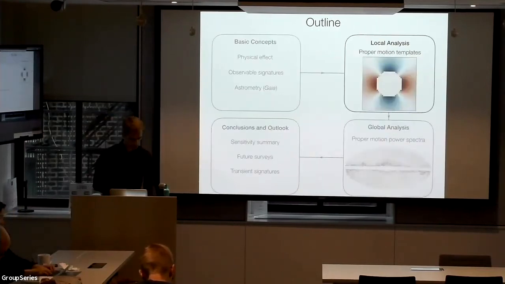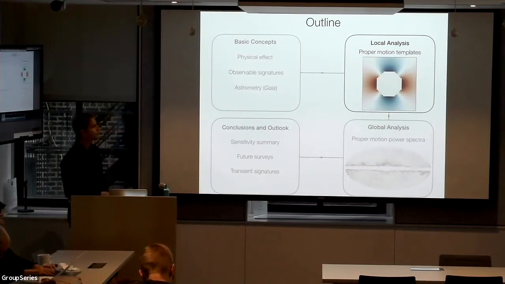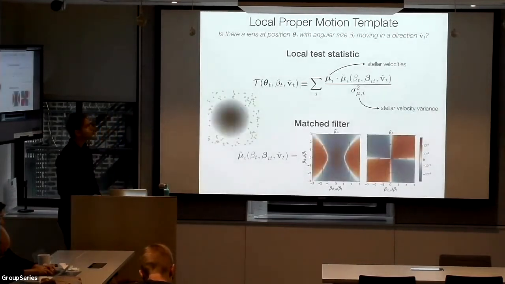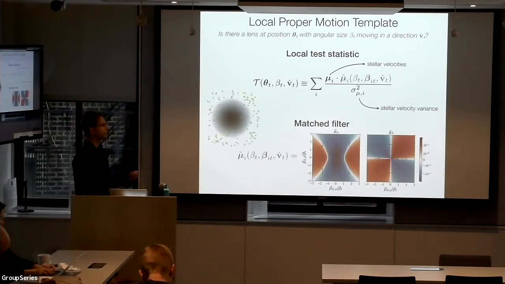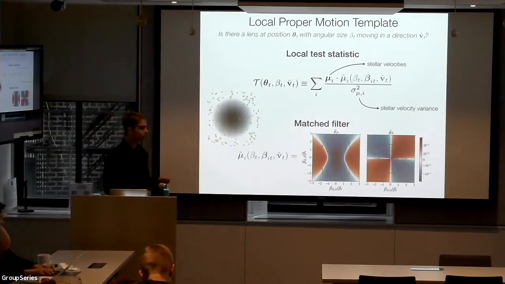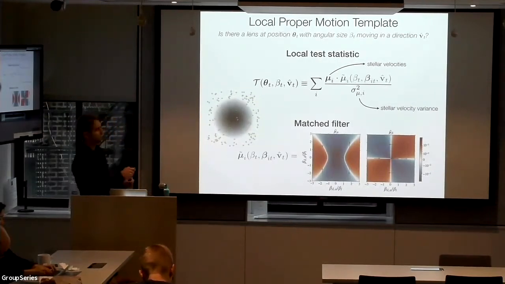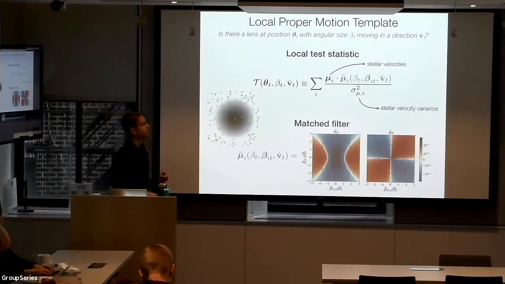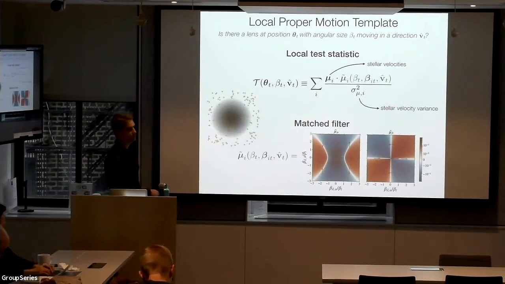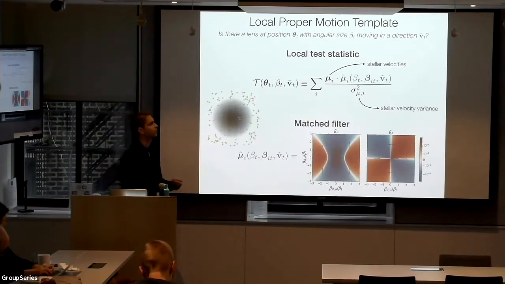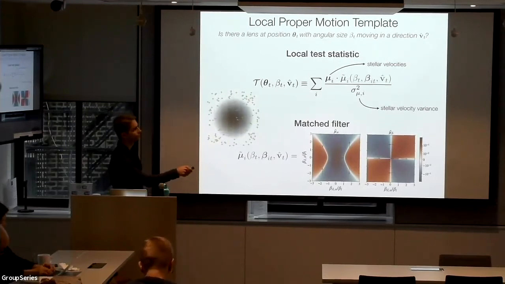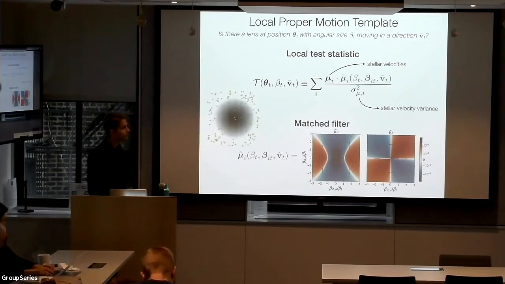Okay, so let me tell you about the analysis we did now. Suppose you ask the question, is there a lens at some tentative lens position theta t with angular size beta t, so its radius over the line of sight distance, moving in some direction d hat?